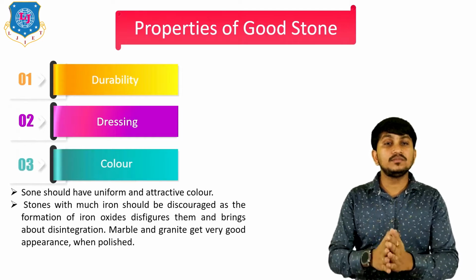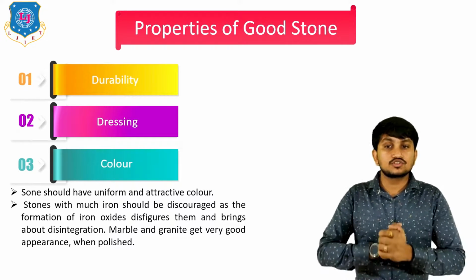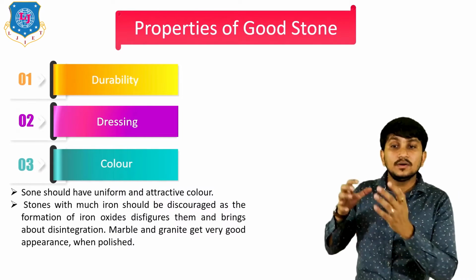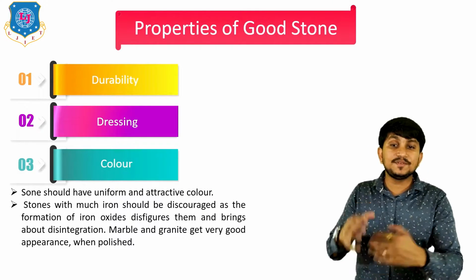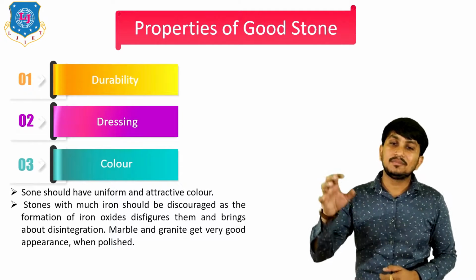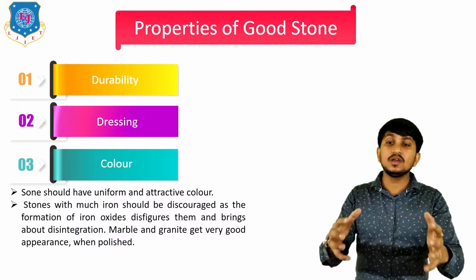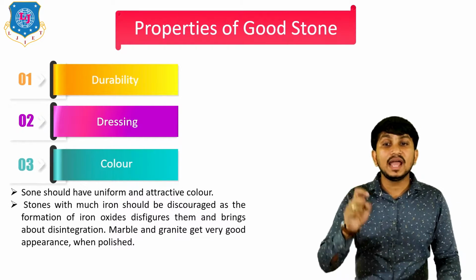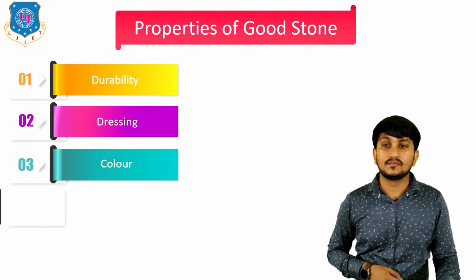Stones should have uniform and attractive color. Stones with much iron should be discouraged as the formation of iron oxide disfigures them and brings about disintegration. Marble and granite get very good appearance when polished.